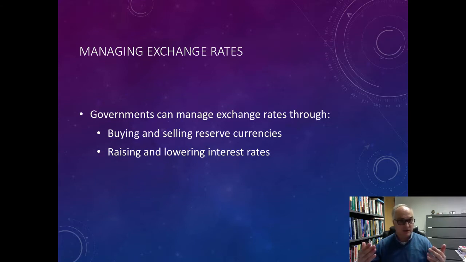With higher interest rates, people would switch their money into the high interest rate country's money and put that on deposit in banks or through other investment options that would offer higher returns, and therefore raising interest rates generally strengthens a currency and lowering interest rates generally weakens a currency.